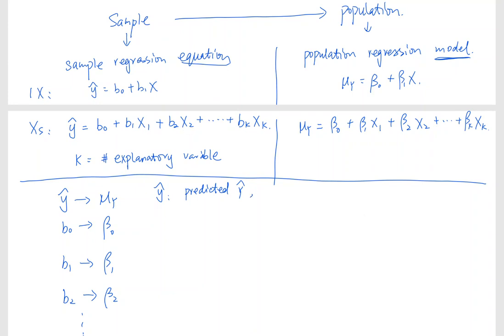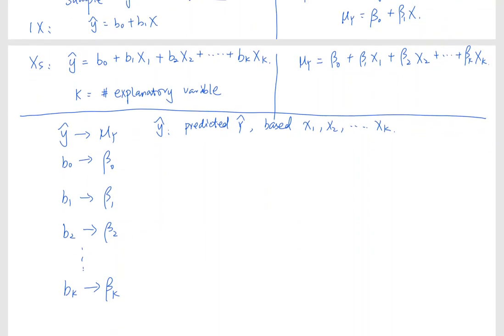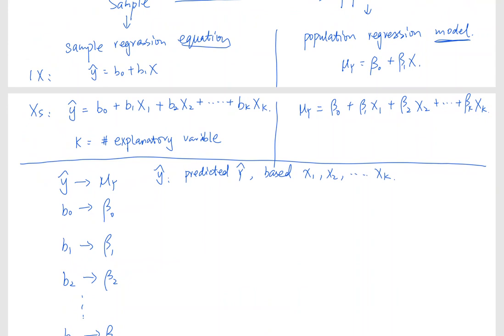So we say y hat is the predicted value of the response variable based on x1, x2 until xk. And then what is b0 here? Remember in our simple regression, how do you interpret b0? It means when x equals 0, this term will be gone, and the value of y hat will be just b0. So for b0, when x equals 0, the y value will be b0.